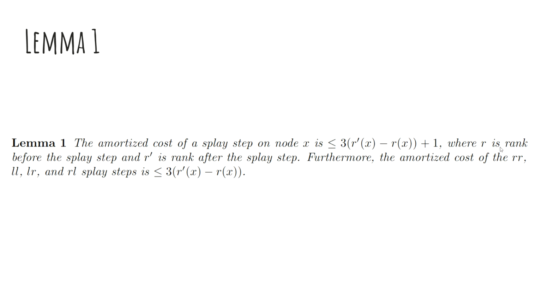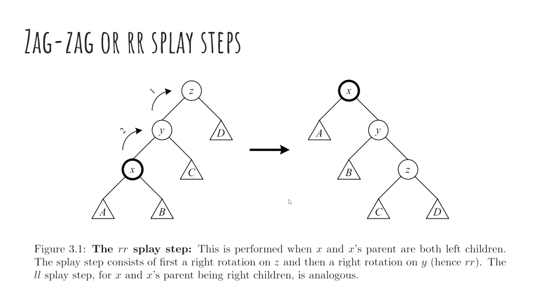And why is the rank before the splay step different from the rank after the splay step? Because after I splay, the element will change its position, so the subtree of the element could change. Like in this example, where we have a zigzag or RR splay step. The element x was here in the beginning and becomes the root node.